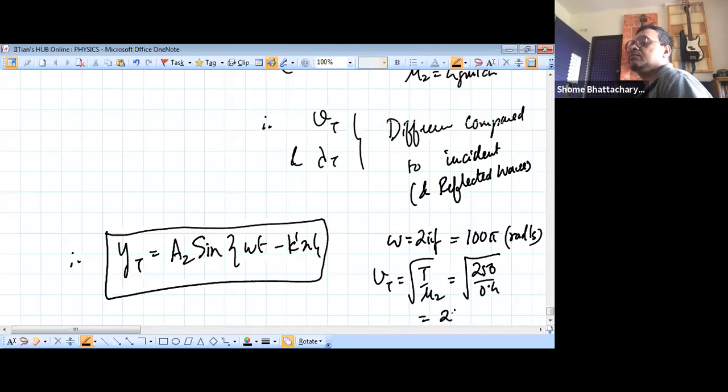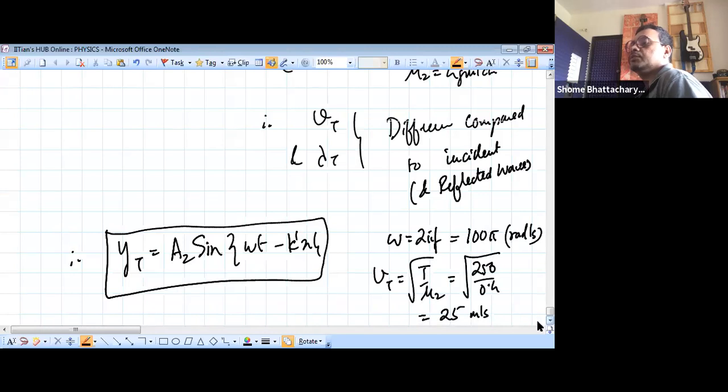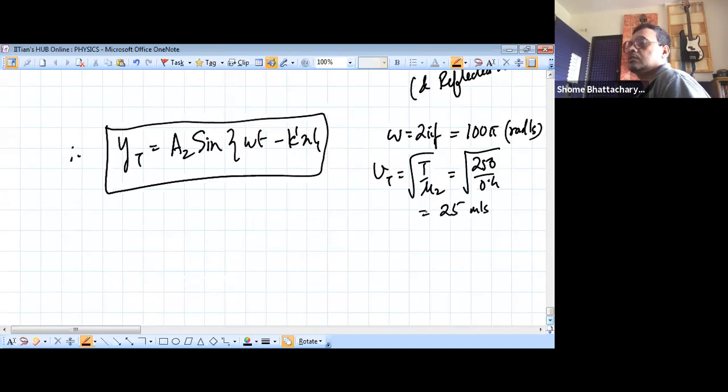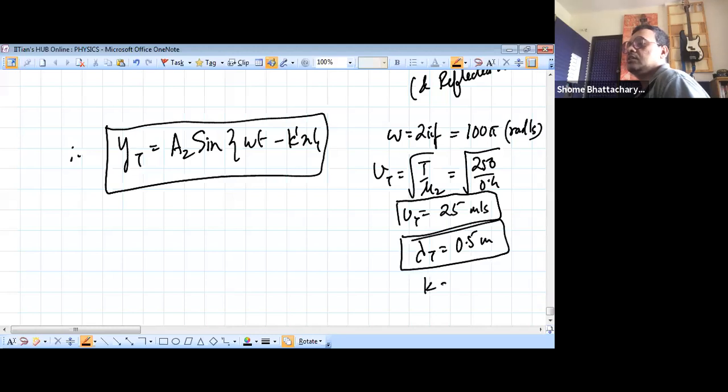So this will be 25 meters per second instead of 50 meters per second, and therefore the lambda will become 25 divided by 50, so 0.5 meters, and therefore your k prime will become 4 pi radians per meter.